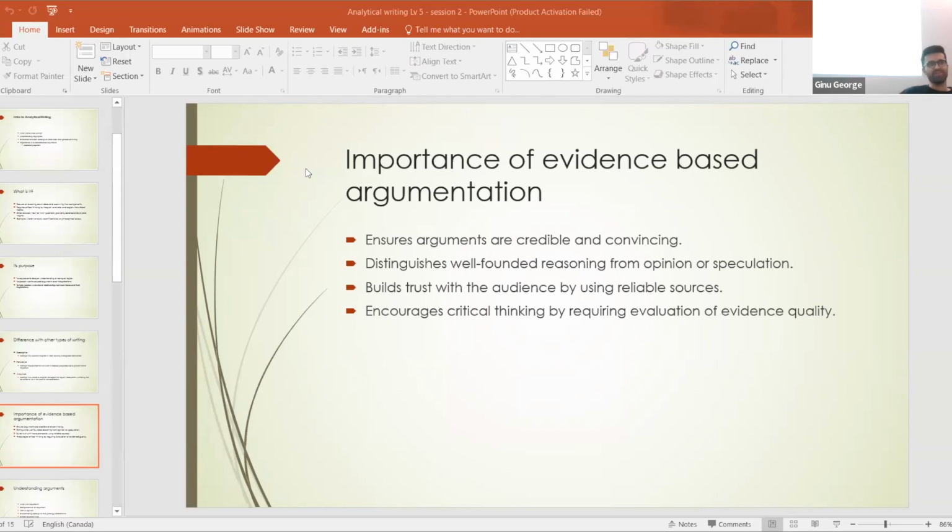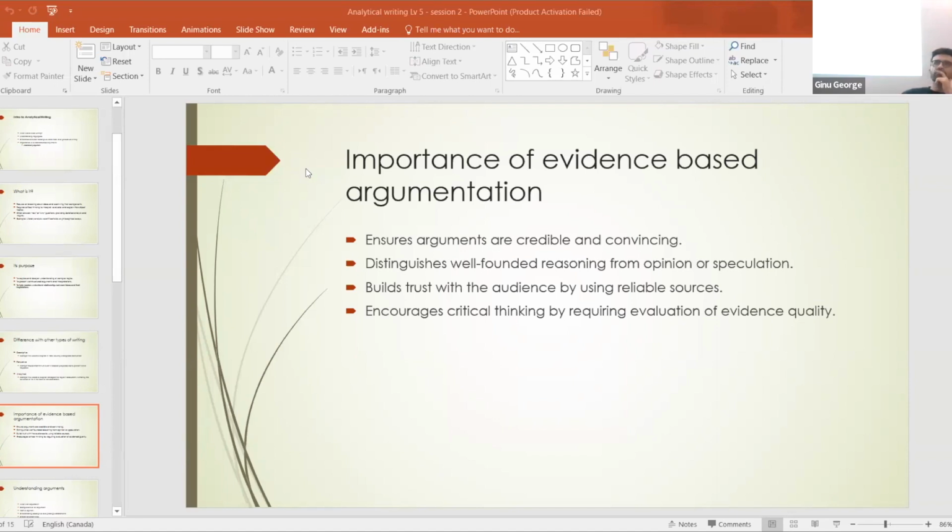Truth. So argumentation is important for truth, evidence-based argumentation. Okay, I'd say something else: if you provide a claim with no evidence, then the audience is not going to assume that it's real or something that can potentially happen.